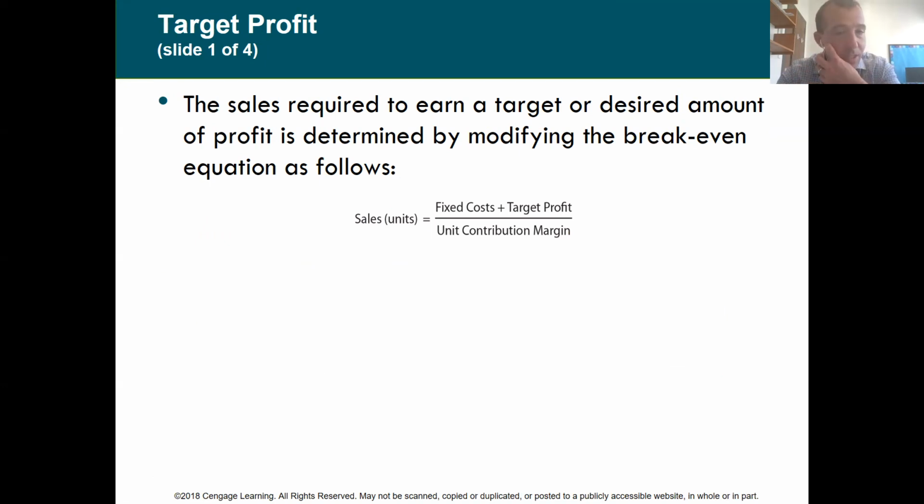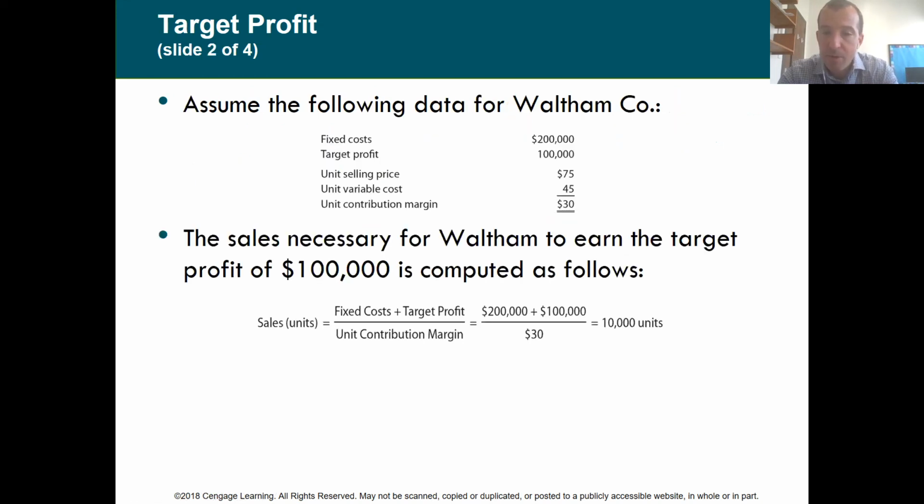If we're solving in units, how many units do we need to produce or sell in order to come up with a target profit? The formula would be fixed cost plus whatever the desired target profit is, divided by the unit contribution margin. So just like break even in units, but we add target profit to the numerator, and that will tell you how many units I need to sell to get to that target profit.